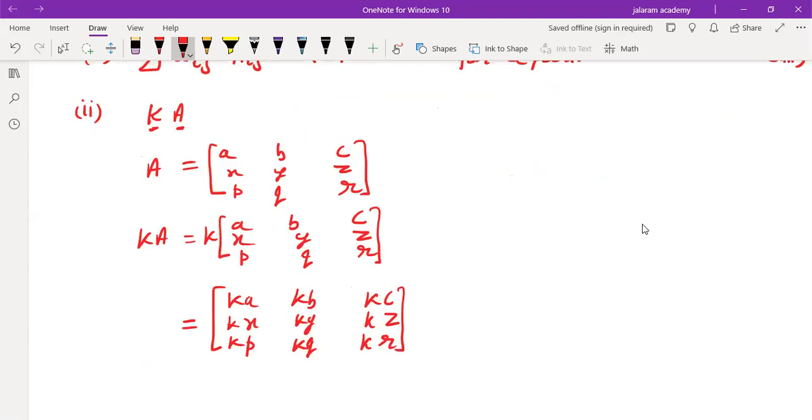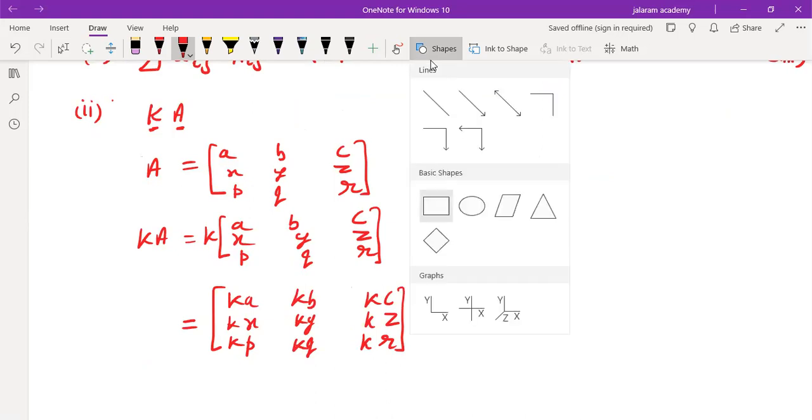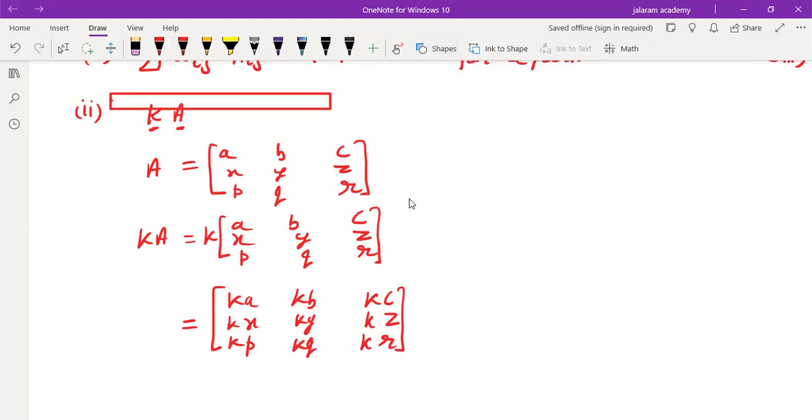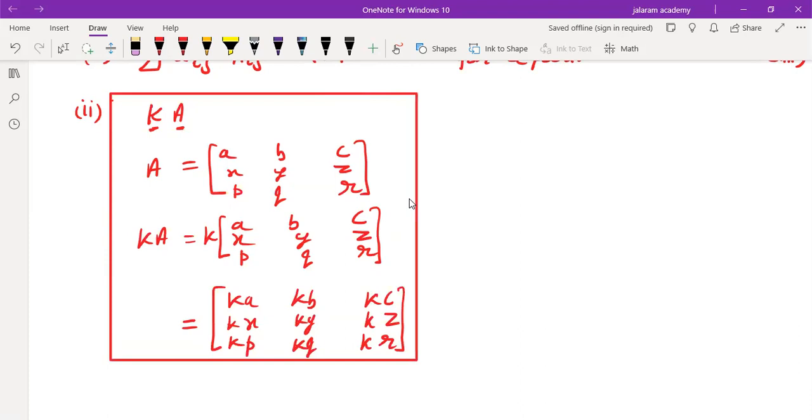But this is the property of a matrix only. If you multiply a matrix by a scalar, remember, we have to multiply that scalar with all the elements of the matrix.